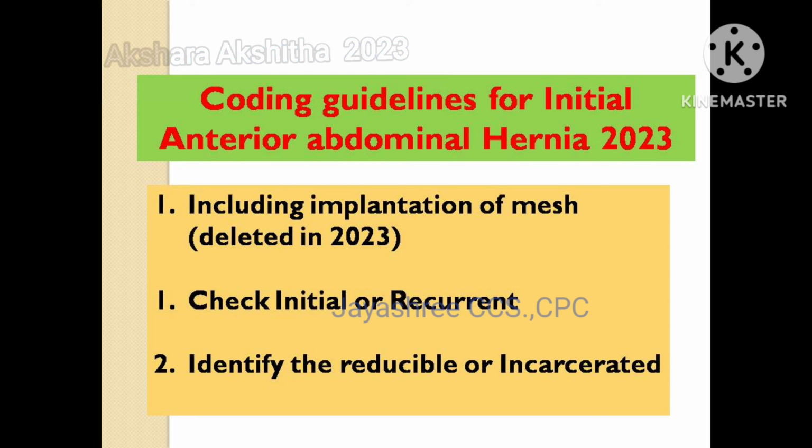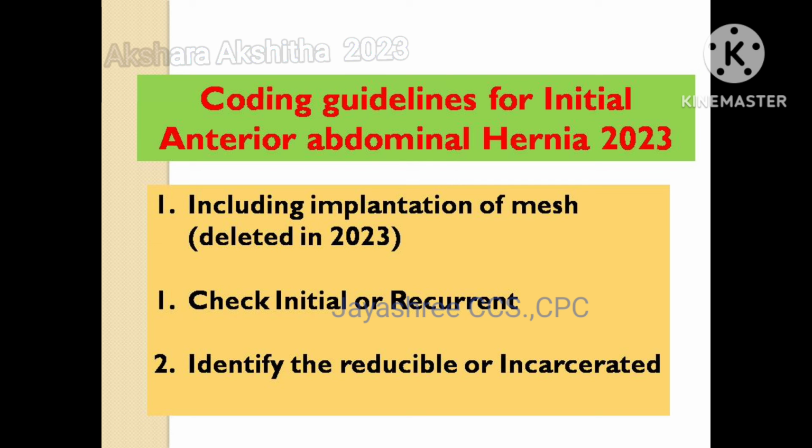That means the implantation of mesh CPT codes need not be coded separately. So the code itself is deleted in 2023. The implantation of mesh CPT code is deleted, and that procedure will be part of the main procedure.